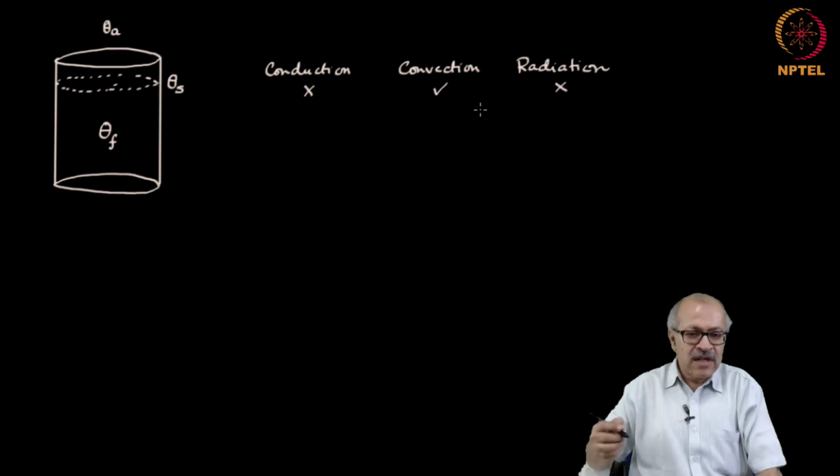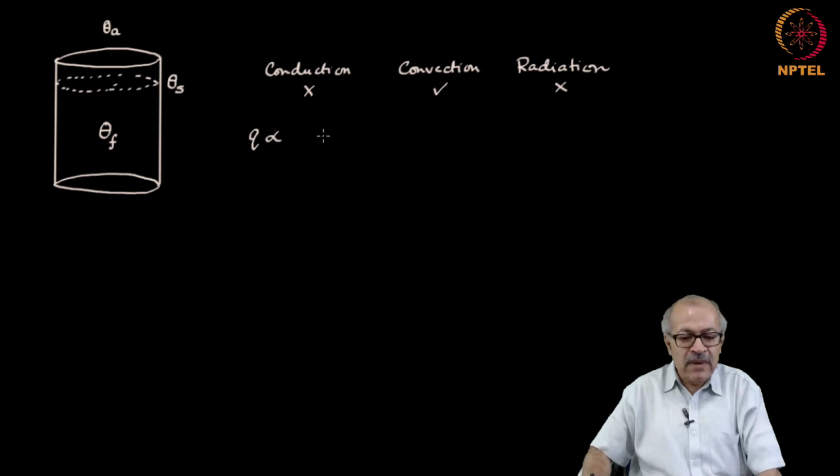So, suppose Q is the heat that goes from the fluid to the surface and then the same amount of heat goes from the surface to the air. So, that can then be written as Q is, I will initially say, proportional to, what would it be dependent on?